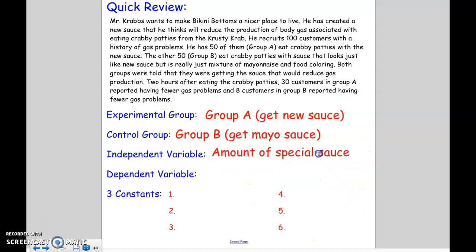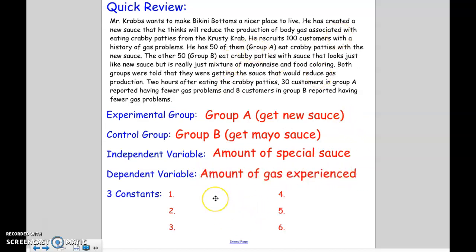So that is the independent variable. What we're measuring at the end is the amount of gas. So hopefully the gas will go down if it works.